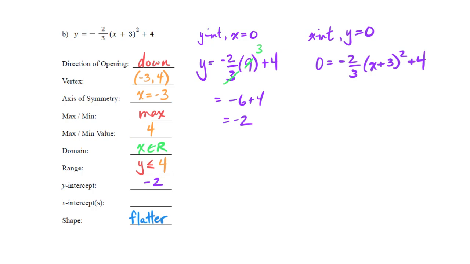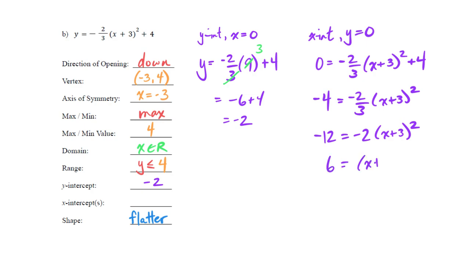Okay, now I'm going to start to isolate my x, which means I'm going to start getting some stuff to the other side. First thing I can do is get rid of my 4, and I'm going to take this slow and methodical. Multiply out my 3. Divide out my 2.